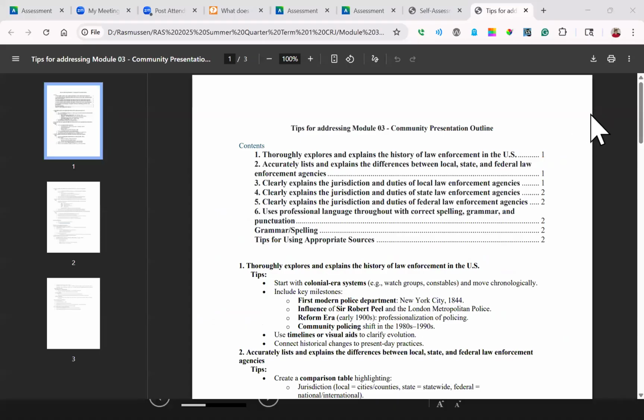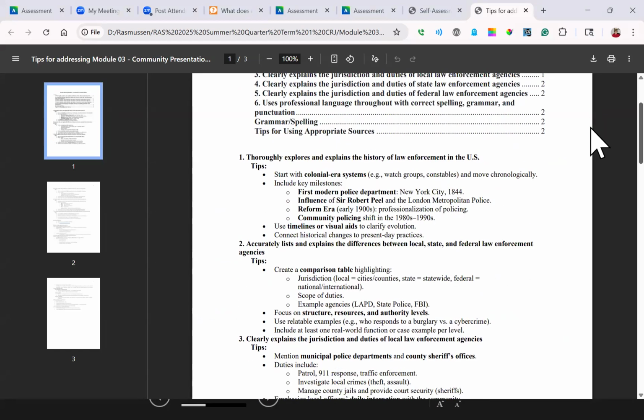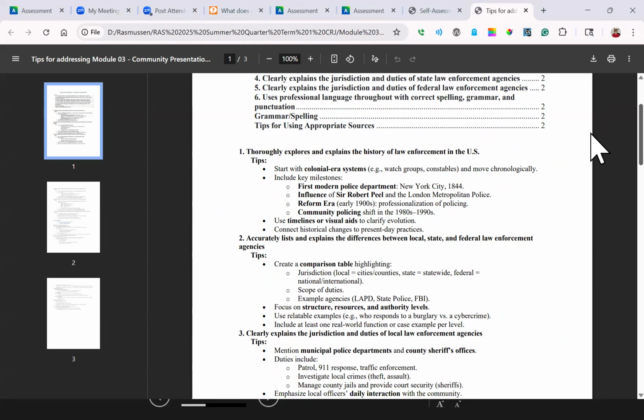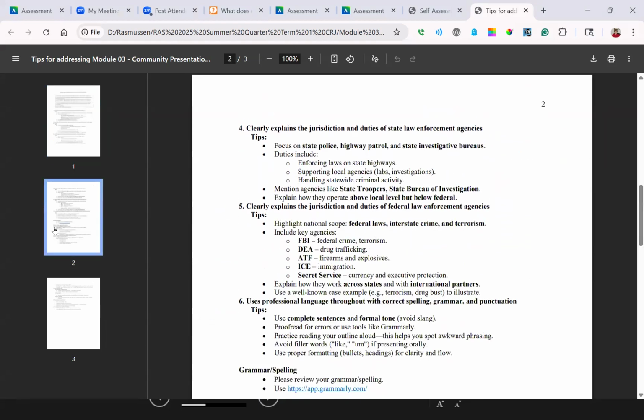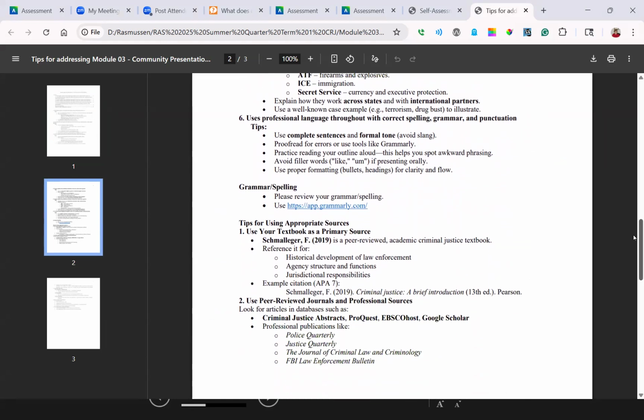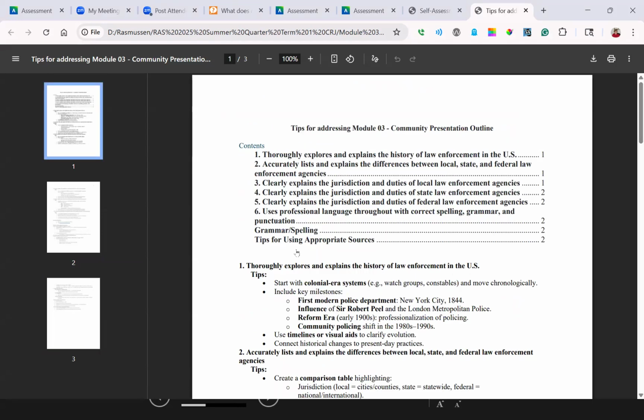This handout will include some tips. These are only tips. The way you structure your outline is up to you, providing you have met all the requirements. I was just doing a little bit of brainstorming to help you get started. So hopefully this handout will work. And this will be inside the course announcements. Let's go back to our PowerPoint.